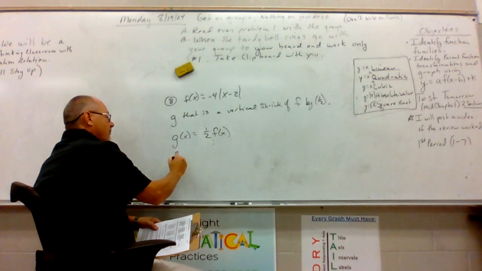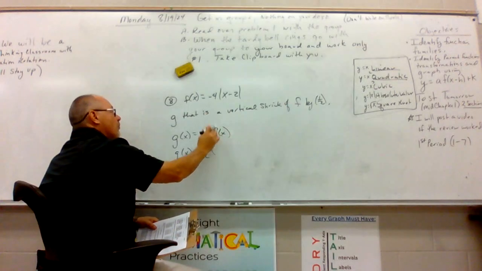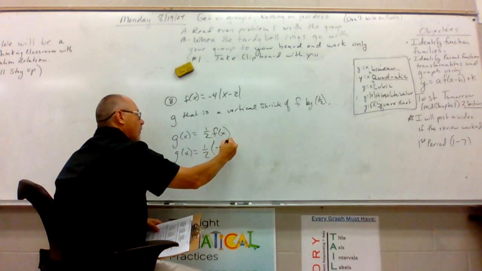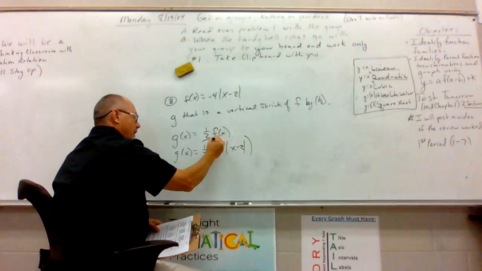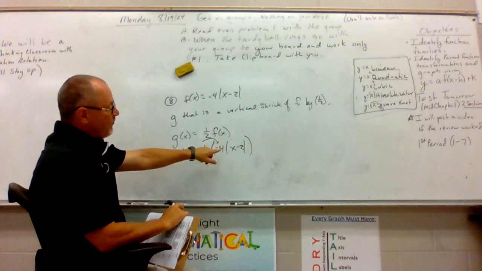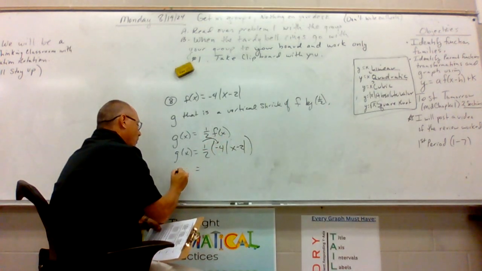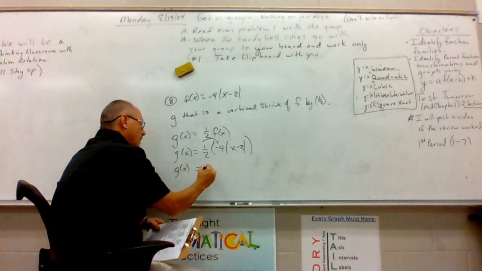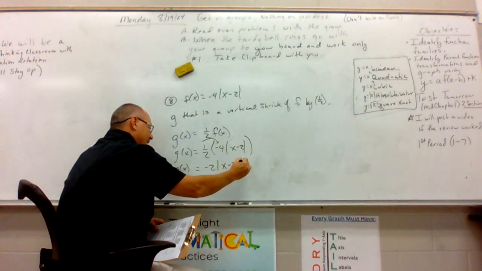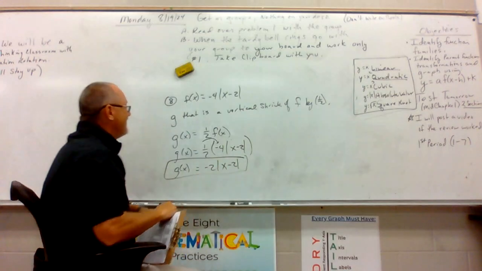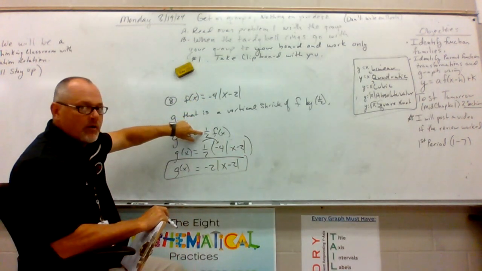So g of x is 1/2 times negative 4, absolute value of x minus 2. When I distribute that in, g of x equals negative 2, absolute value of x minus 2, and that would be your new function, vertically shrunk by half.